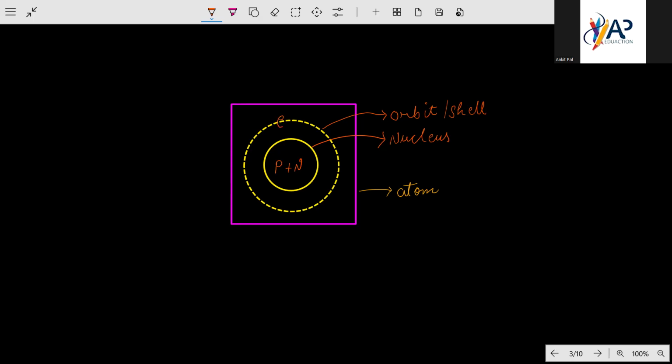So we say that inside the nucleus there are protons and neutrons. This is the electron.